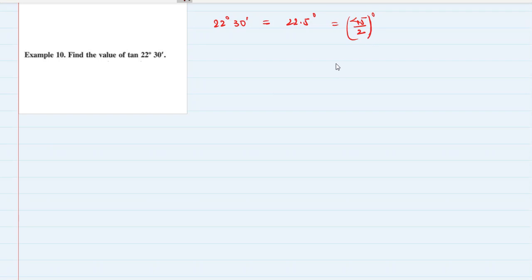Now, we can apply the formula of tan theta by 2, because we have to find tan of 22 degree 30 minutes, or tan theta by 2.